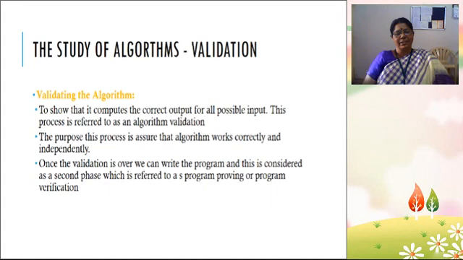Even if we cook a new recipe at home, that should be validated, that should be tasty, or whether we have added the proper ingredients and got the correct taste we intended, right? So the algorithm should be validated whether it computes the correct output for all possible inputs.